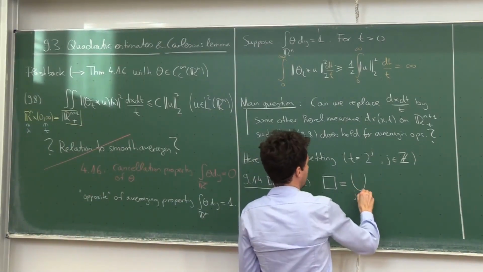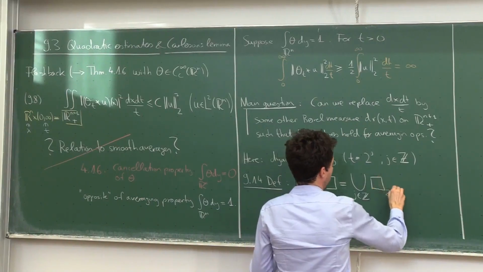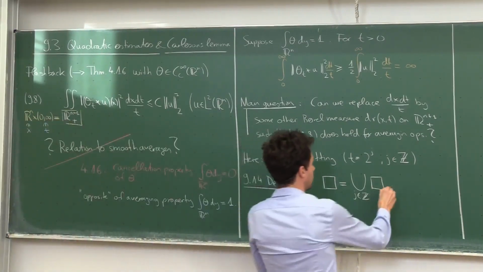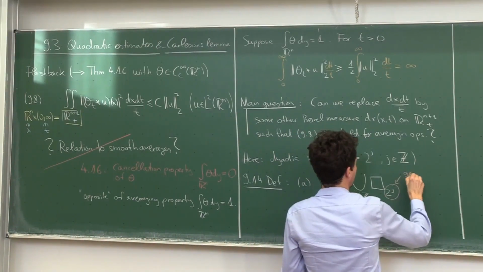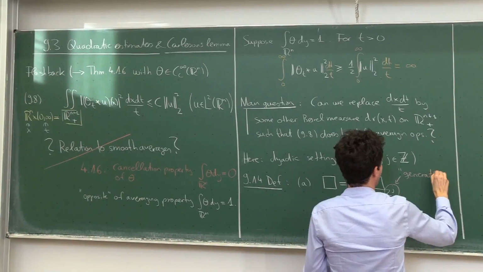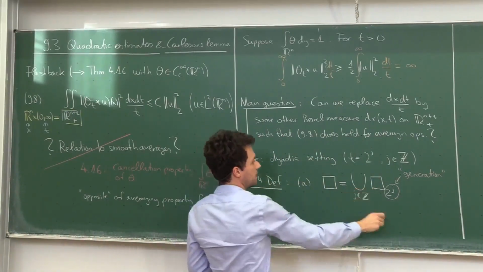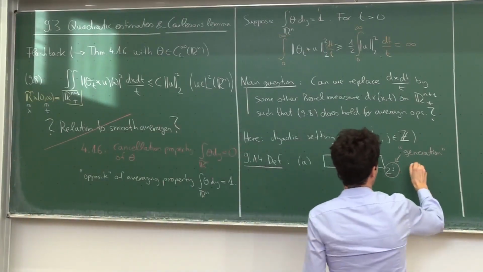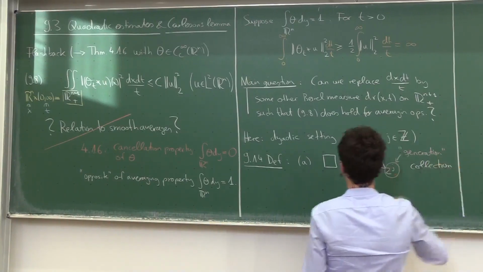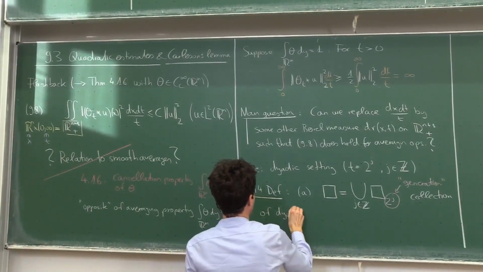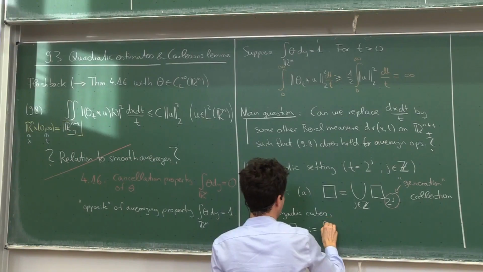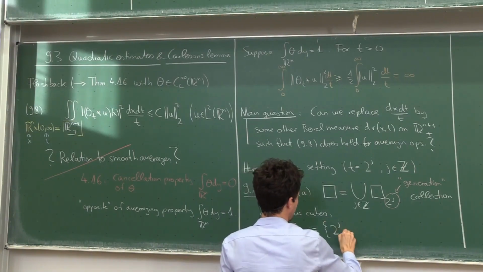This is going to be the collection of all families, cube sub-index 2 to the j, and this j is going to be called the generation. The elements in this collection are dyadic cubes of side length 2 to the j.